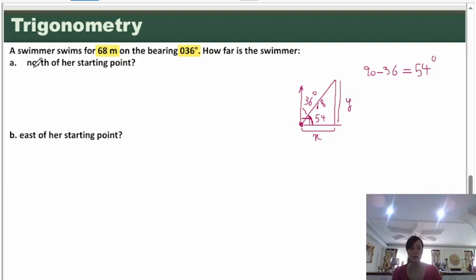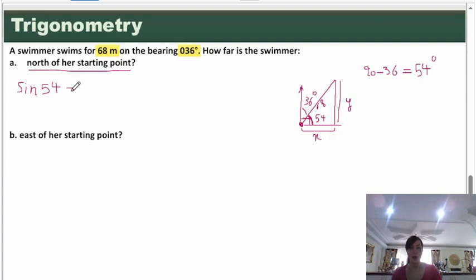For part A, north of her starting point, I have to see how many meters the swimmer goes up. That means this y. For this y, I use the sine of the angle.